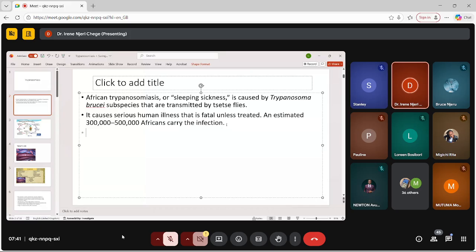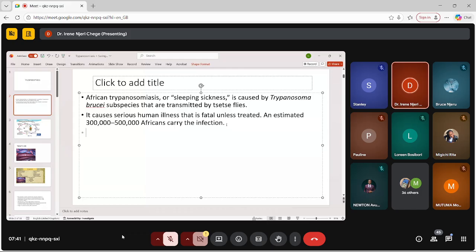Those are the subspecies we mean. So brucei gambiense, that's the spelling. Then we have Trypanosoma brucei rhodesiense. Those are the subspecies. These notes should be what you refer to. And of course, when you write like this, you will put them in italics.